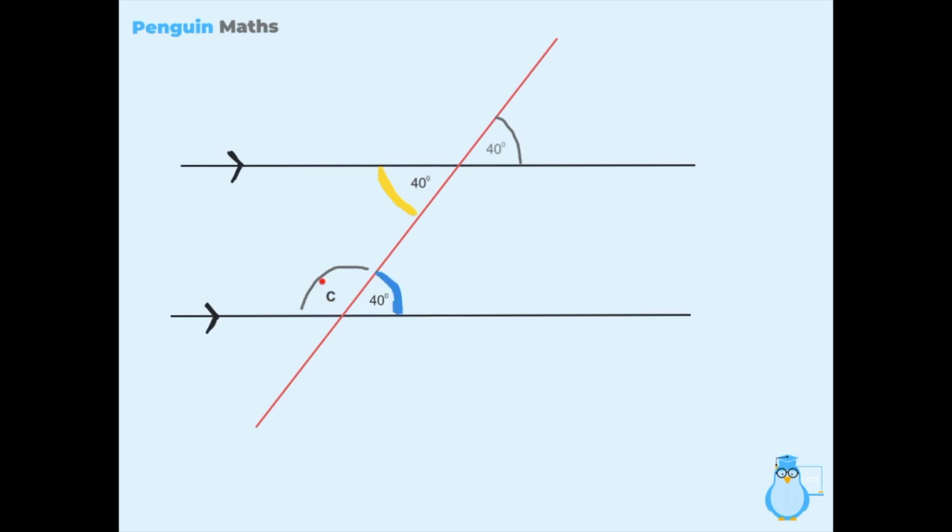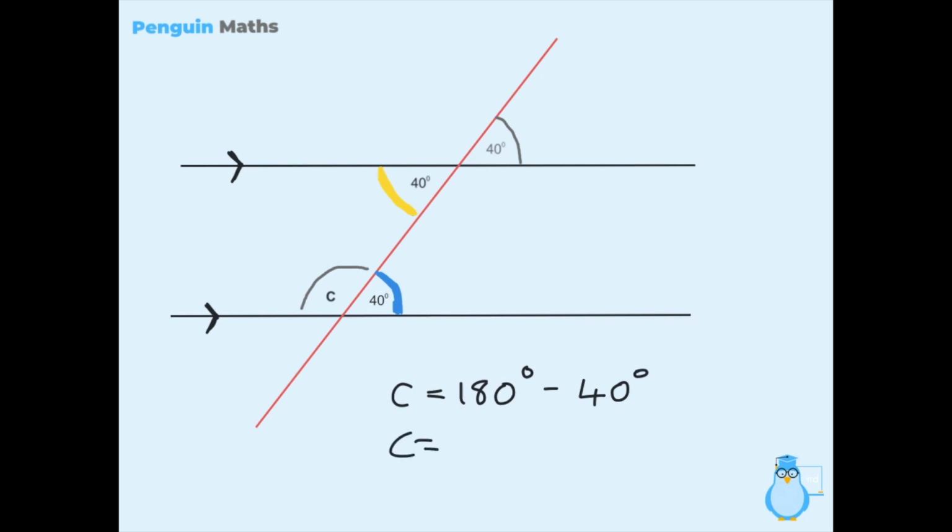And finally, let's calculate angle C. We know that in order to make a straight line, the angles must add up to 180 degrees. Therefore, if we add angle C and this angle of 40 degrees together, they must be equal to 180. Therefore, angle C is equal to 180 degrees minus 40 degrees.